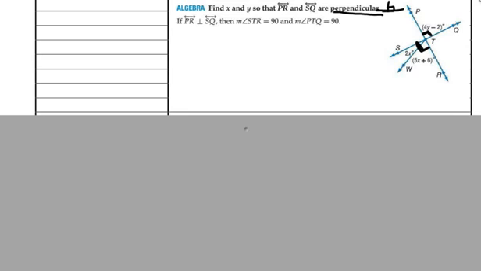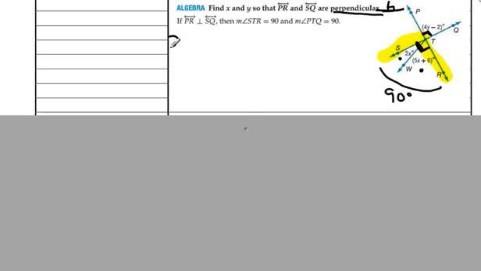So go ahead and copy the example down and I'll show you how to find X, and then you'll go ahead and find Y. So using angle addition, in order to find X, we know that these two angles are 90 degrees. It says that the angles are 90 degrees. So the sum of these two angles, the 2x and the 5x plus 6, is 90 degrees.